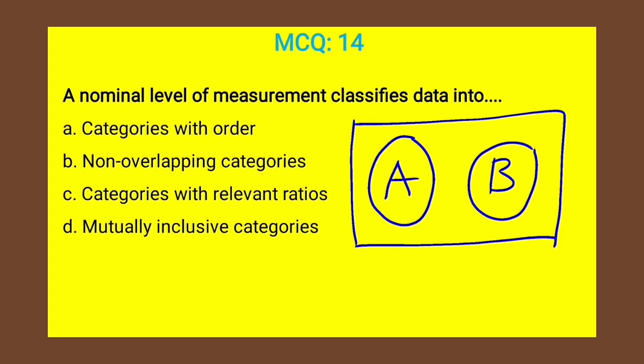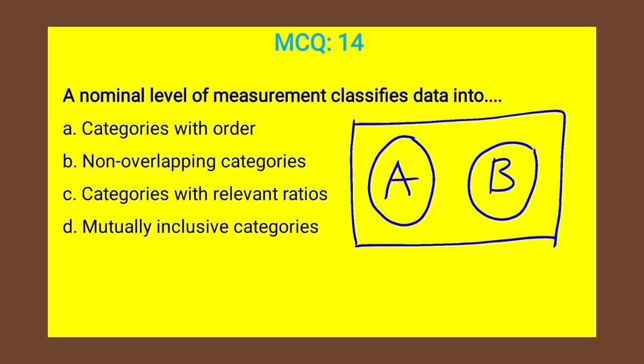Meaning that if you are male and you are in group A, you cannot be in the female group, isn't it? So if that is true, then we are saying that in the nominal level of measurement, data are mutually exclusive. It will actually exclude you if you're not part of that group. So data are mutually exclusive.